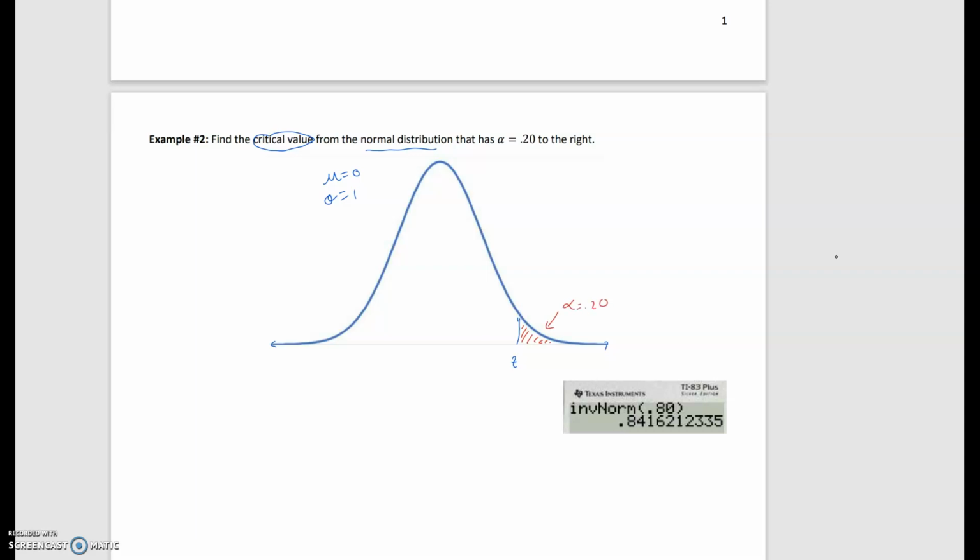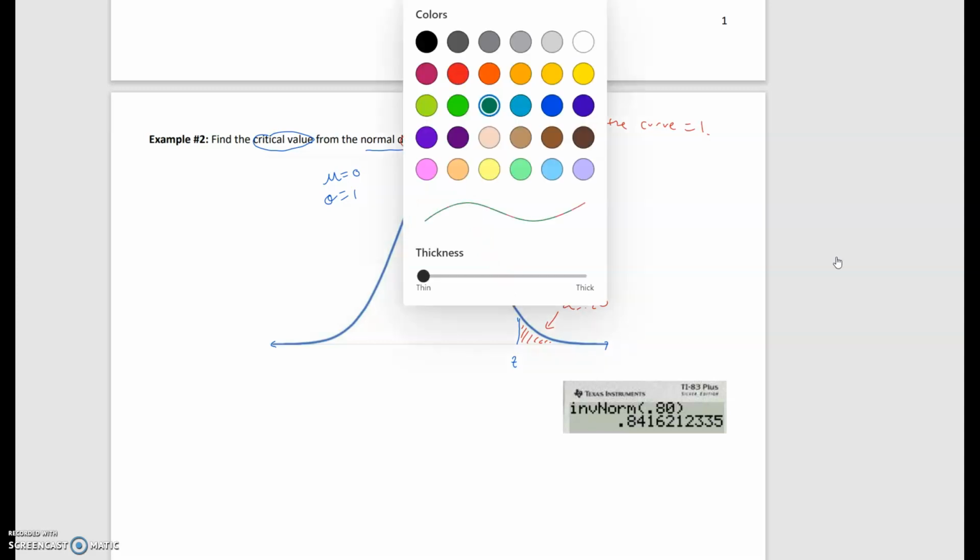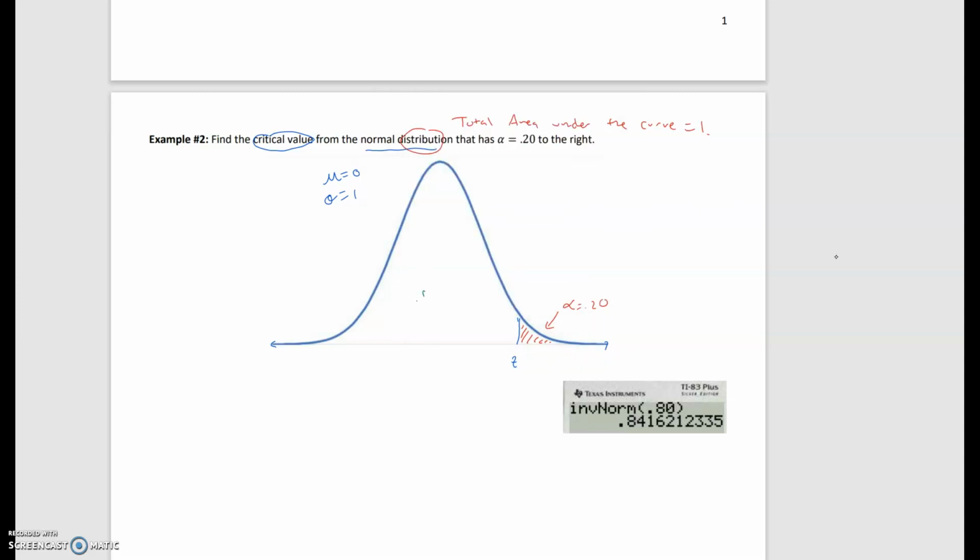Now, remember that you technically have a distribution, so the total area under the curve is equal to 1, or 100% of scores. So that means that in terms of area, this one's going to have 0.80 to the left.